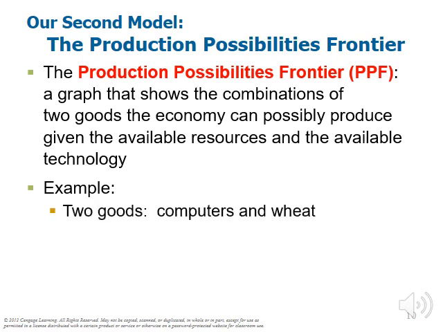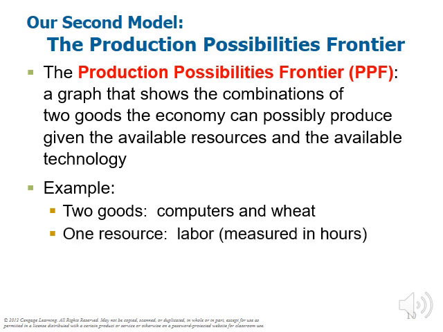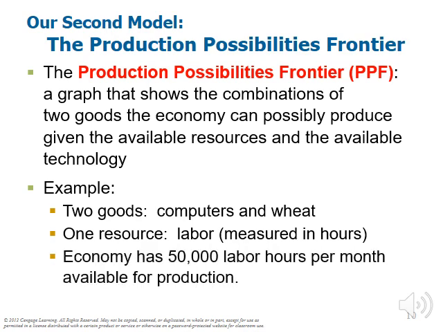There's only one resource that society has to produce computers and wheat. We'll call it labor, and it's measured in terms of hours. There is a limited amount of labor hours available in the economy, creating scarcity. The economy has 50,000 labor hours per month that it can use to either produce computers, wheat, or some combination of the two. Let's graph this in a nice table.